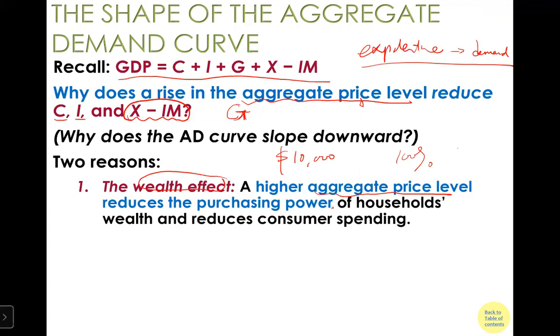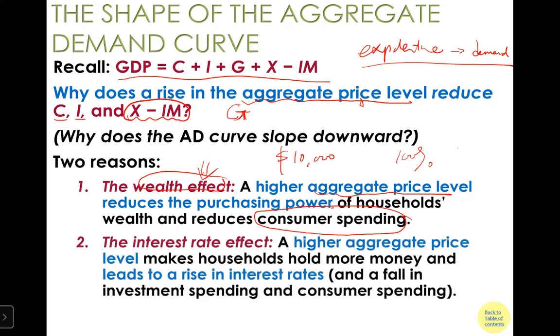Overnight your purchasing power is cut by half, so you must reduce your consumer spending, because you cannot afford what was affordable yesterday. So the higher price reduces your net wealth, and that forces you to reduce your consumer spending.